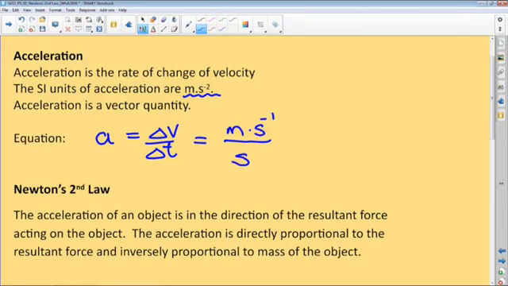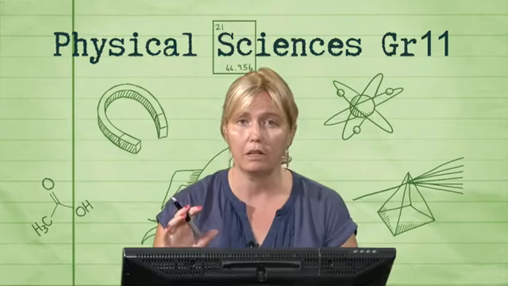And because the seconds are at the bottom of this fraction, we're going to end up with meters per second, per second, which gives us meters per second squared. Okay, we get a little bit lazy and say meters per second squared. Right, now you know where acceleration comes from. You're going to need it a little bit later in your syllabus when we talk about momentum, but for now, let's apply it to Newton's second law.